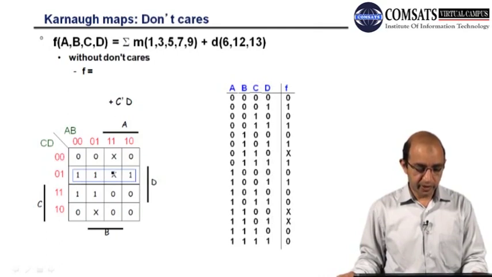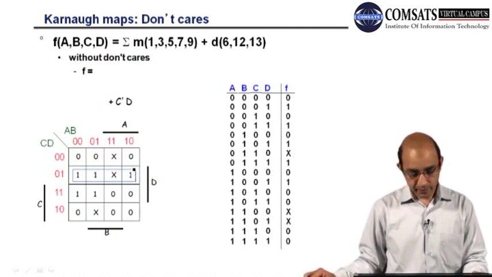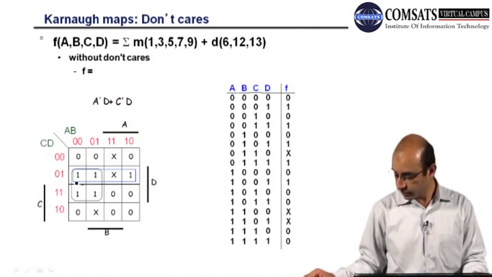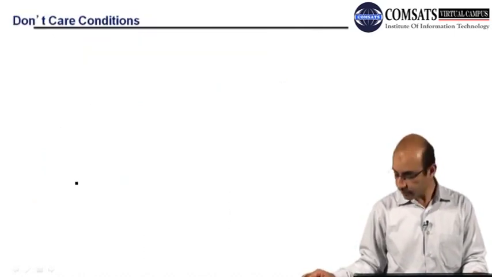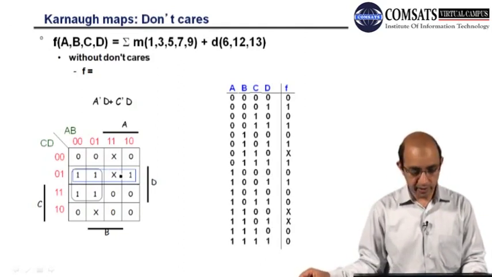We can consider it a 1 because it will simplify our Boolean expression, and you can see that we have those 4 ones. So you can always use that don't care position accordingly.